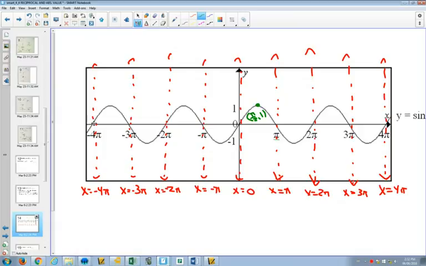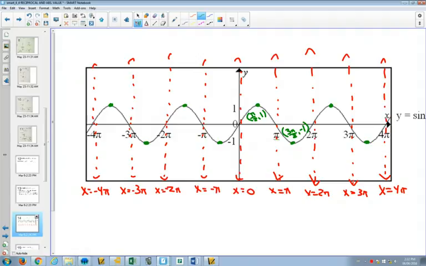So that point's going to stay the same. Does that make sense? Same thing with this point, and this point. What's going to happen to this point down here? This is at 3 pi over 2 comma negative 1. It's going to stay the same. In fact, all of these minimum points are going to stay the same.